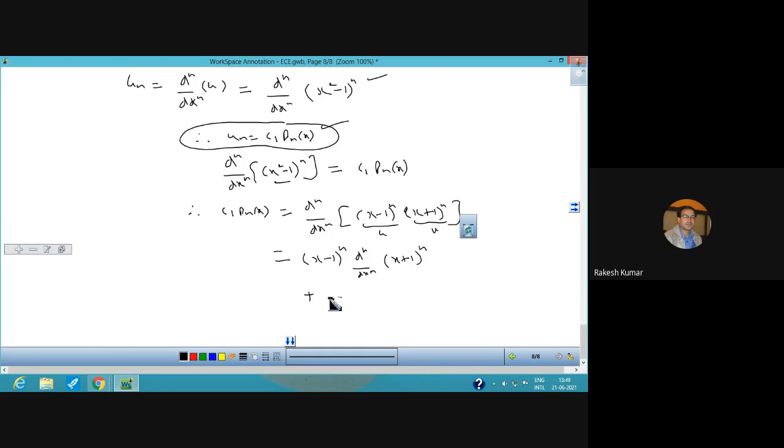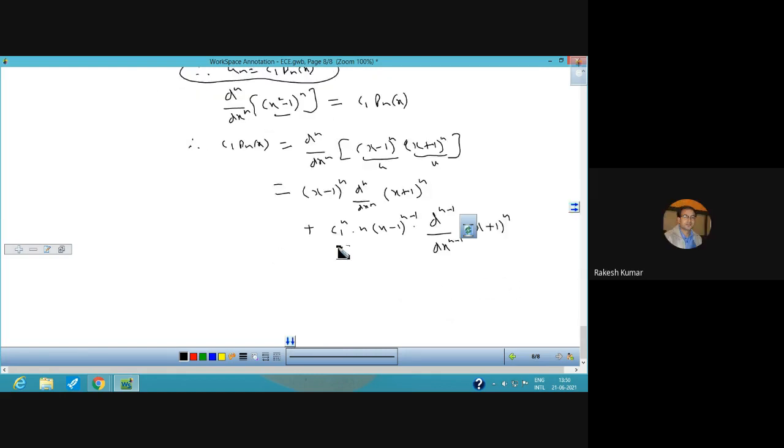And the next term will be c1 raised to power n into n. अब इसका derivative n, x minus 1 raised to power n minus 1 u का derivative into n minus first order derivative of v, that is x plus 1 raised to power n.